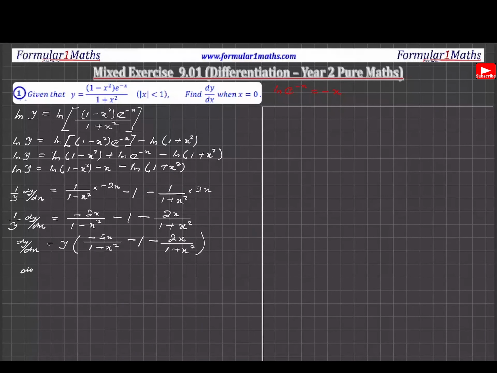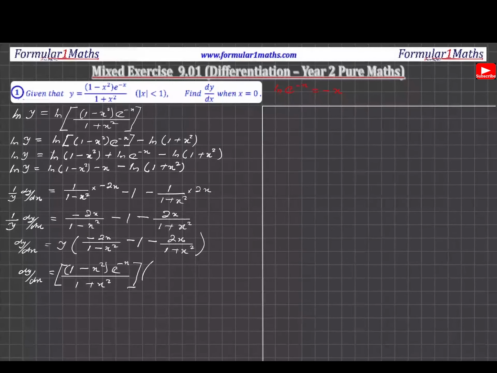So I will substitute this fraction over here to get the following. So dy/dx is equal to 1 minus x squared times e to the power minus x over 1 plus x squared, so all of that, times minus 2x over 1 minus x squared, minus 1, minus 2x over 1 plus x squared.